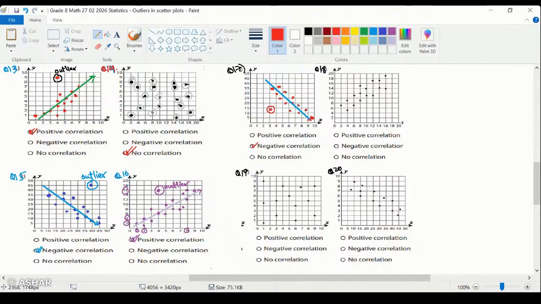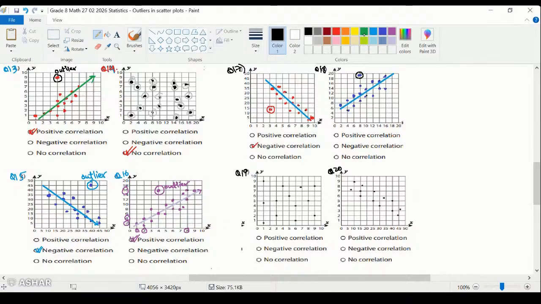For question number 18, if the points given were these, can we draw a line that is passing through, or in between, the maximum number of points? In this case, this can be the outlier that is furthest away from the line.